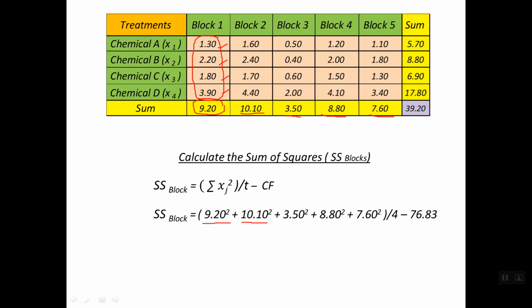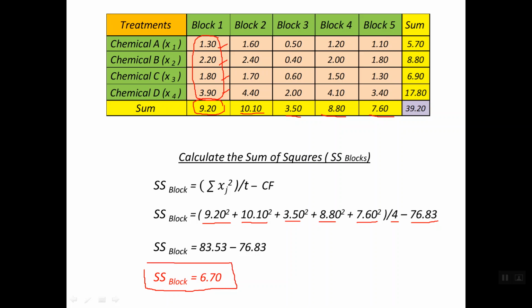This is x2 for block 2, square it. This is for the third one, this is for the fourth one, and this is for the last one, divided by 4, number of treatments, minus the correction factor. You can simply proceed. You will get the value of the SS for the blocks to be 6.70.